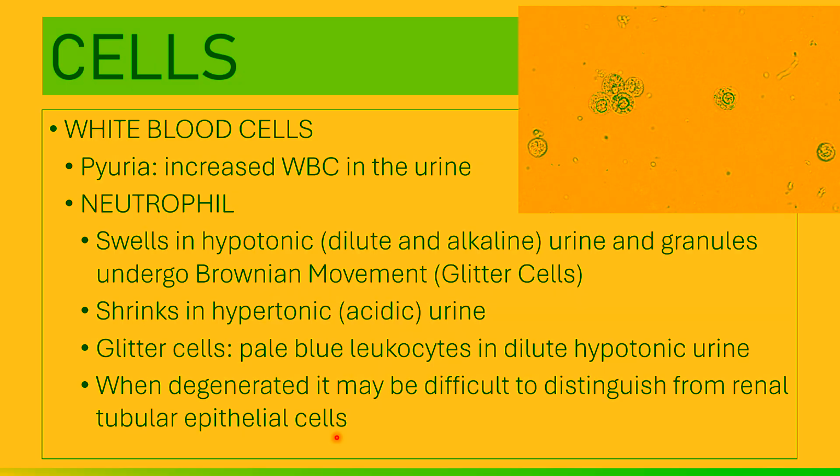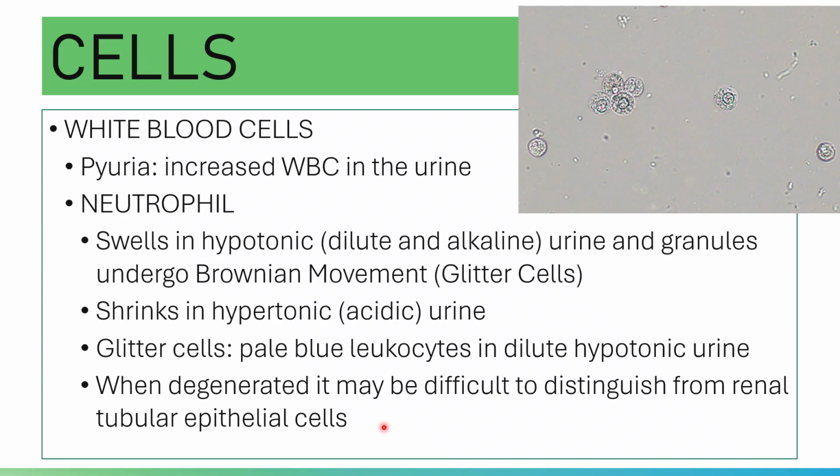Because of the loss of nuclear detail, there will be difficulty distinguishing renal tubular epithelial cells from polymorphonuclear leukocytes. You can make use of crystal violet safranin to distinguish between the two.